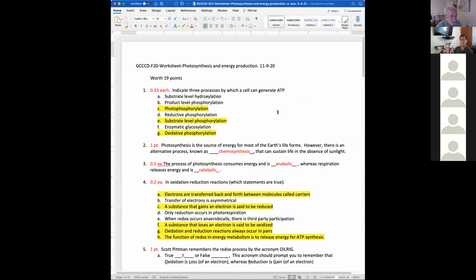So the first question was 3 processes by which a cell can generate ATP. Most everyone got this right: photophosphorylation, substrate level, and oxidative. We're going to talk a lot more today about the latter two, substrate level phosphorylation and oxidative phosphorylation.